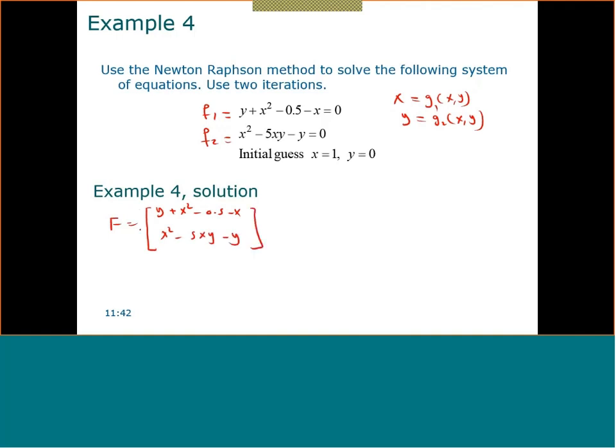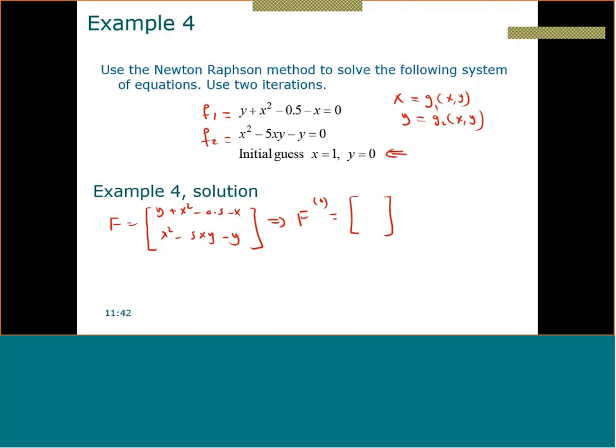So this is my f. Now, if I want to find my f at 0, my initial guess, which is this one, I will substitute the values here.